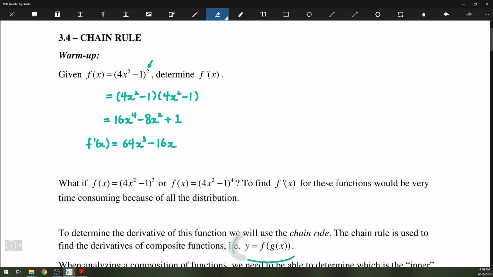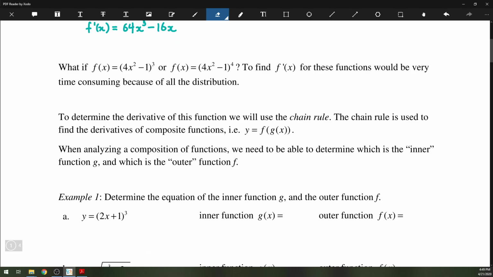All right, so in order to use the chain rule, you have to be able to determine what is the inner function of a composite function and what's the outer function. So in this case, g will be the inner function and f is the outer function. Let's look at some quick examples here.